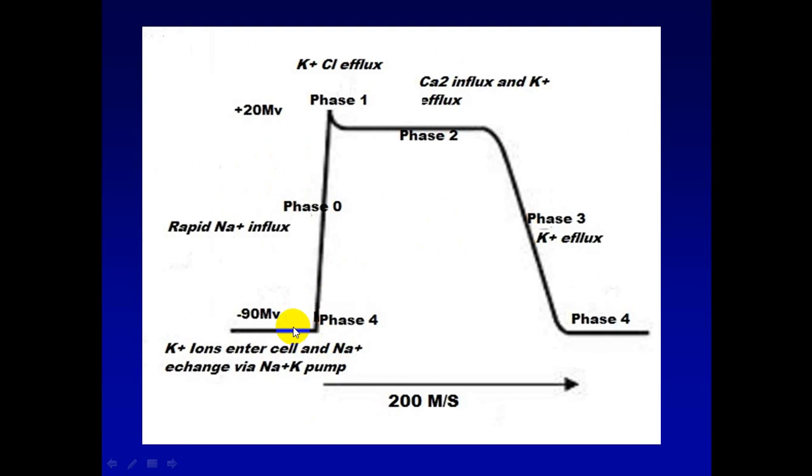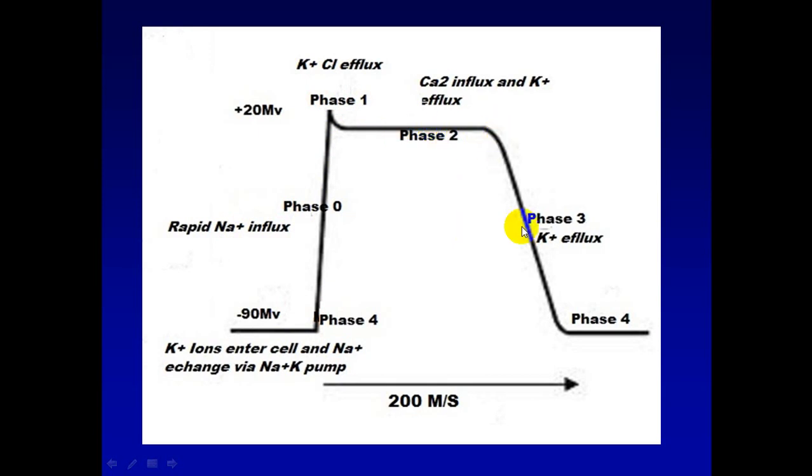These are the phases of the action potential. Phase zero is the rapid phase of depolarization, with influx of sodium. Phase 1 is the early phase of repolarization, with chloride and potassium efflux. Phase 2 is the plateau phase, due to calcium, which is a prolonged phase.